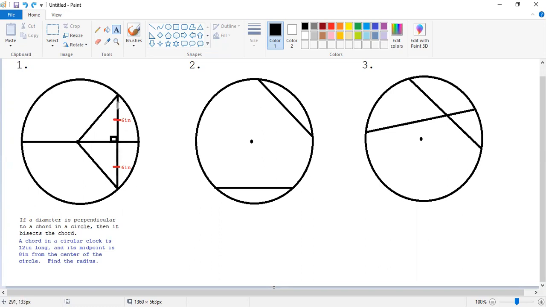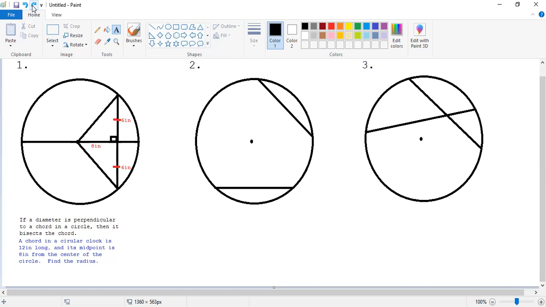Since it measures 12 inches long, when we draw this diameter going perpendicularly through it, then this becomes 6 and the other one becomes 6 as well, because it's bisecting it. The midpoint of the chord is 8 inches from the center of the circle.